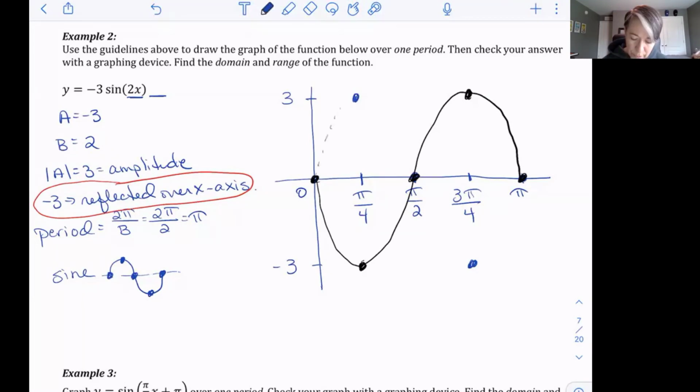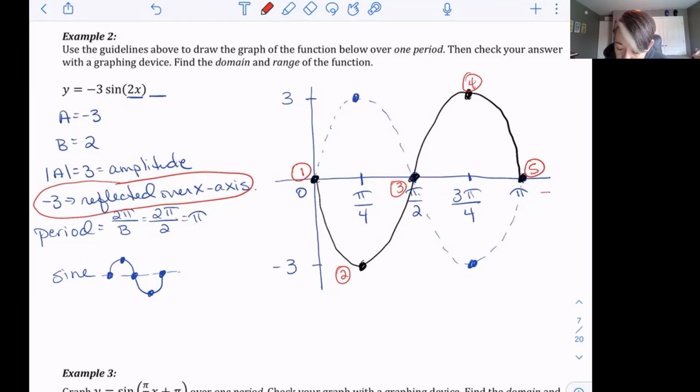Again, before the reflection, it would have looked like that, where our period is pi, our amplitude is 3, and we have to split up that period. So we go to the midpoint and then the middle point of that, and everybody has one of those 5 main points: point 1, point 2, point 3, point 4, and point 5. Those are the points I'm looking at to determine whether or not your graph is correct.